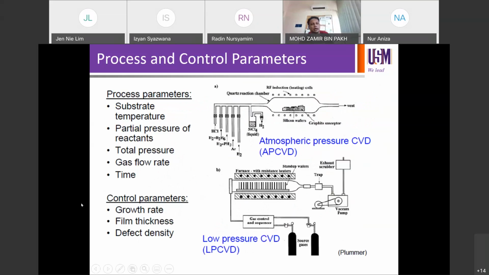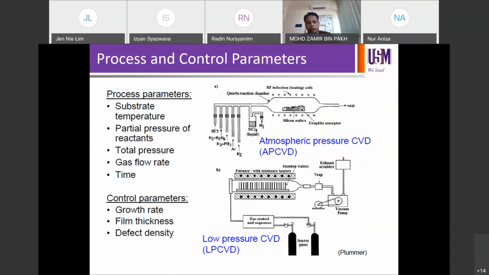Typical process parameters depend on which type of CVD reactor we use, but generally there are common parameters like substrate temperature, N2 flow, argon flow, process temperature, the flow rate of the gas, and process time.